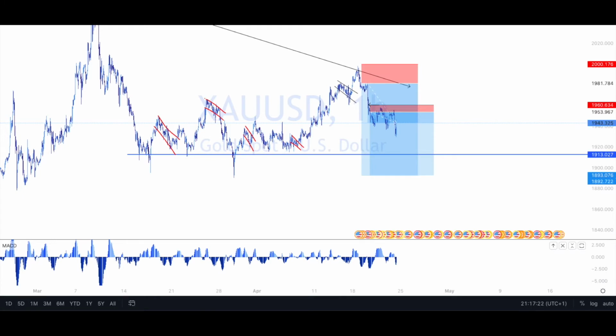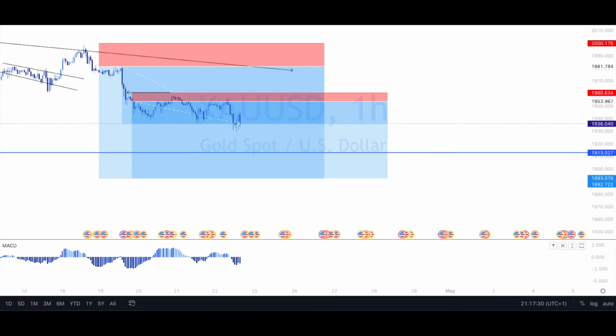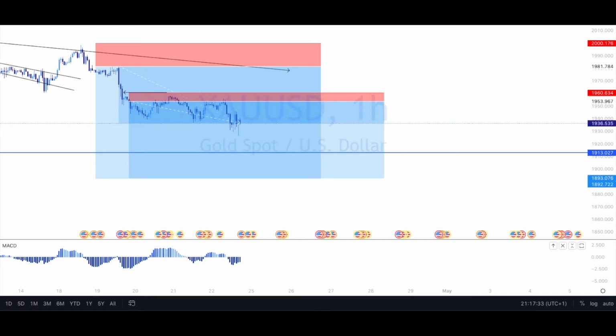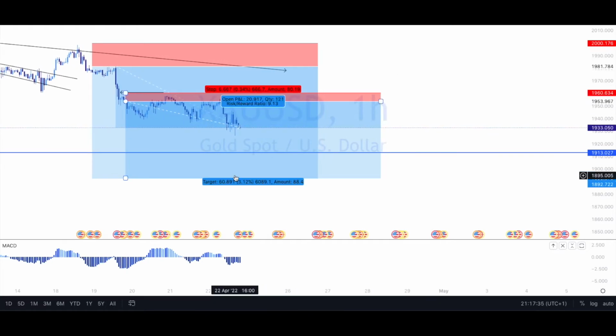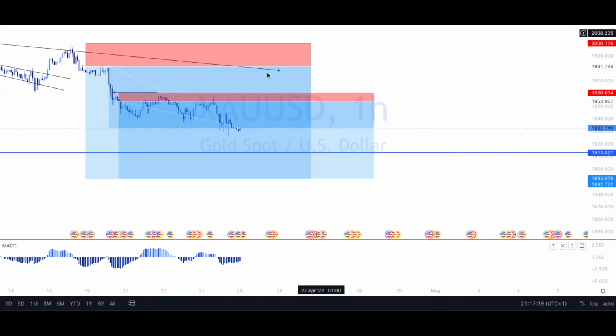Let me zoom in a bit. Let's hit play. Okay, let me pause it.